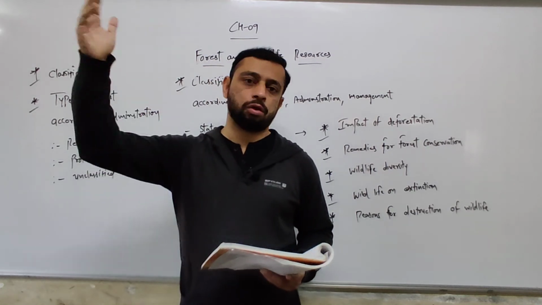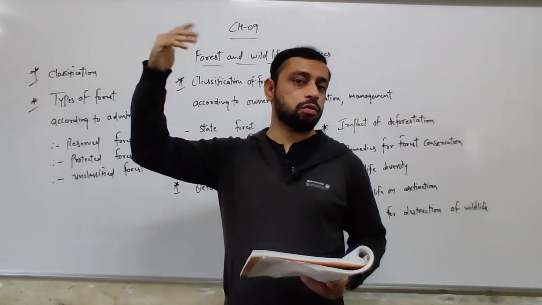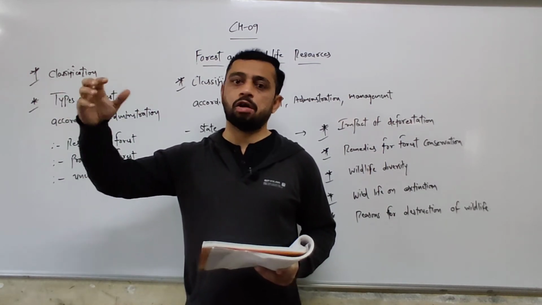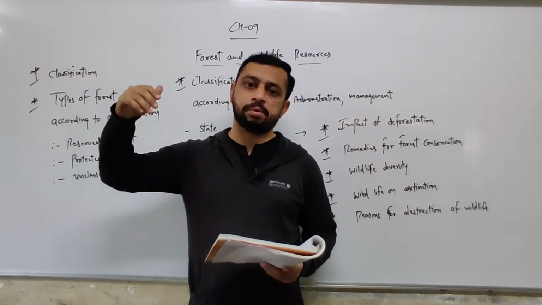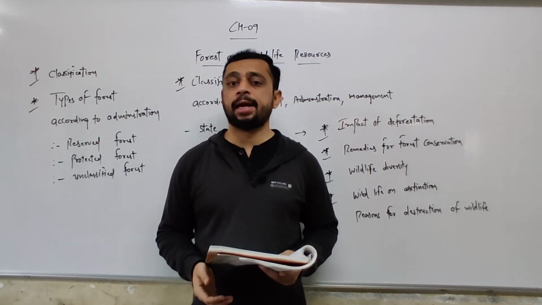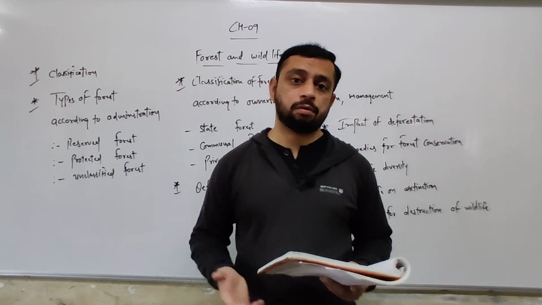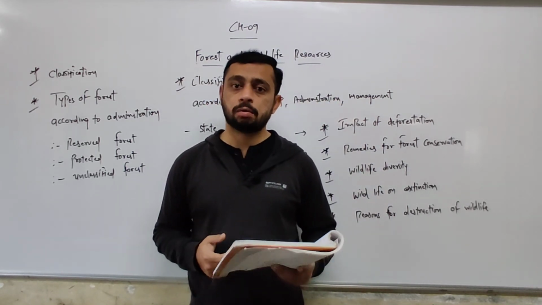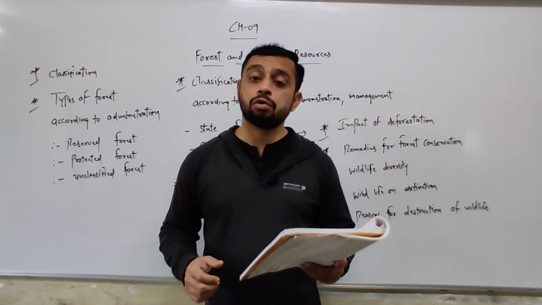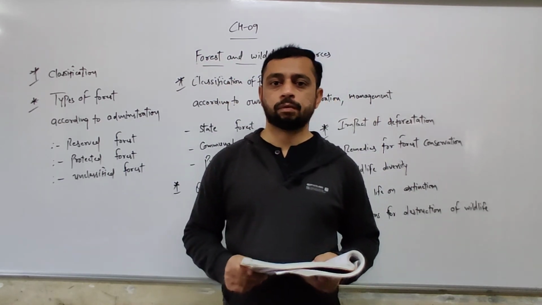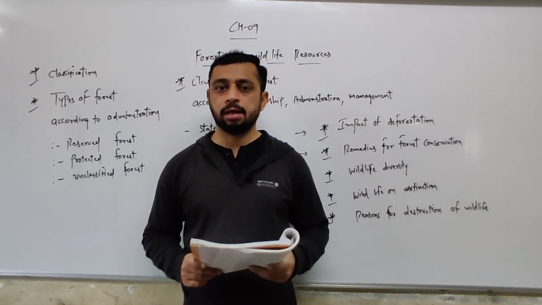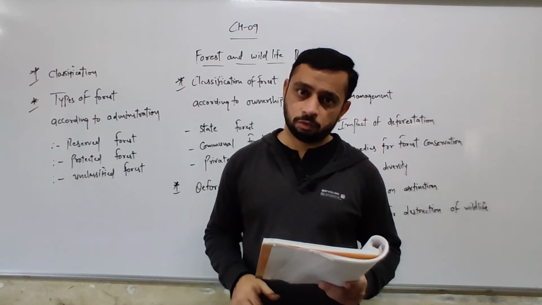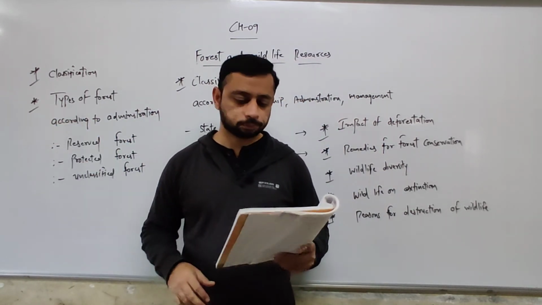They will move from that place to the other place, and when they move from that place to the other place, right, there they will not be able to get the water, there they will not be able to get their food, there they will not be able to hunt the other animals, and they may die even of hunger, that is scarcity of food, right? So this is one of the reasons of wildlife extinction, that is due to human interference in the grassland. Once we start to enter in that field, it becomes very difficult for the wildlife to survive on that particular forest or on that particular area.